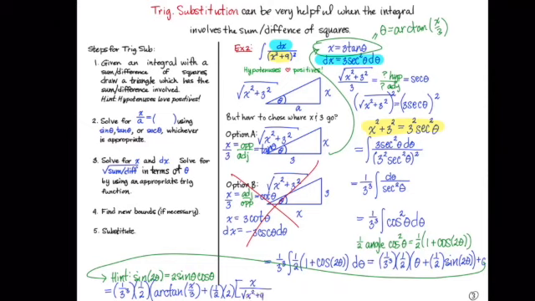So that's the sine theta part, and then in place of the cosine theta, we will have adjacent over hypotenuse, which is 3 over the square root of x squared plus 9. Close our brackets, and that is plus c.